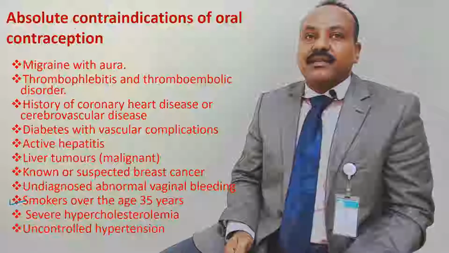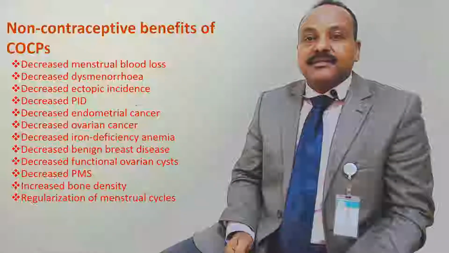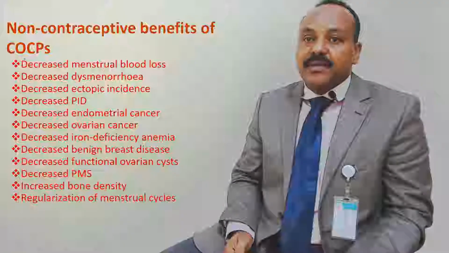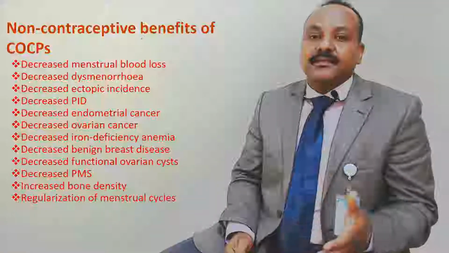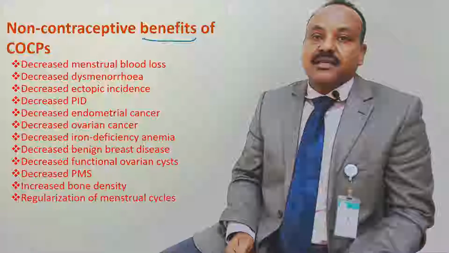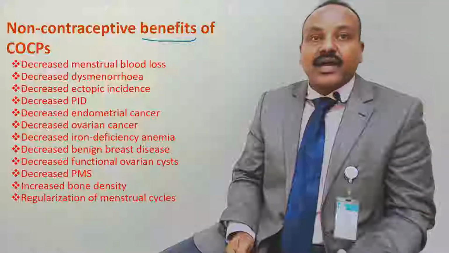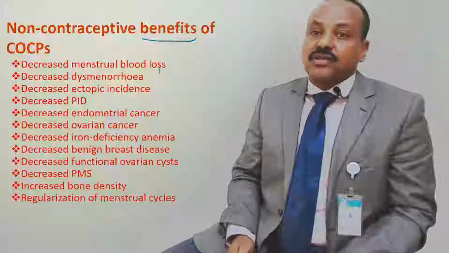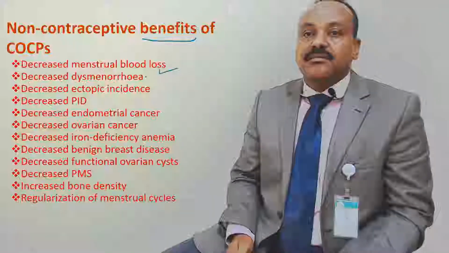Non-contraceptive benefits. Some tablets, this combined contraceptive pill or progesterone-only pills or devices, were found to have another effect besides prevention of pregnancy. What are these benefits? First, it decreases menstrual loss. Those who are suffering from excessive menstrual bleeding can benefit from contraceptive pills.